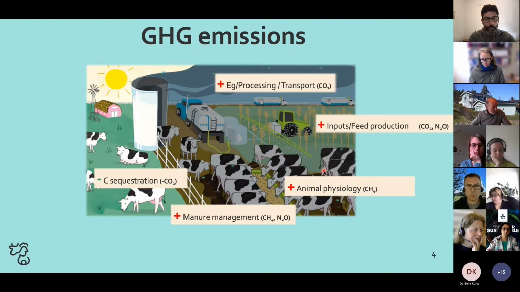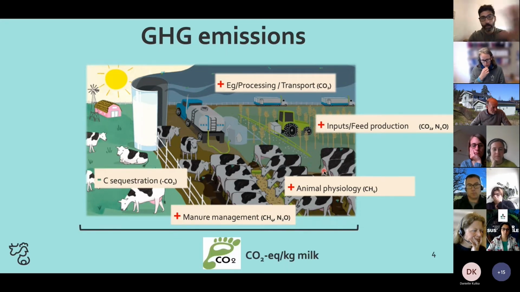We can consider a more complex view of the emissions. When we account for emissions and sequestration and we put everything together, it is basically what we call the carbon footprint of a product. In this case, it could be a kilogram of milk.